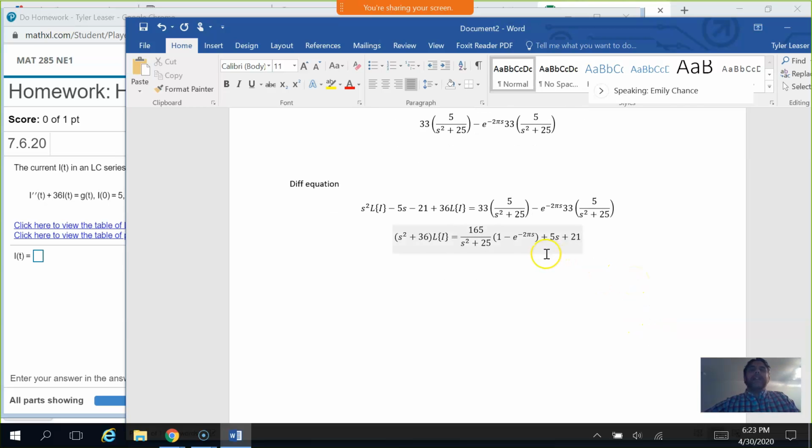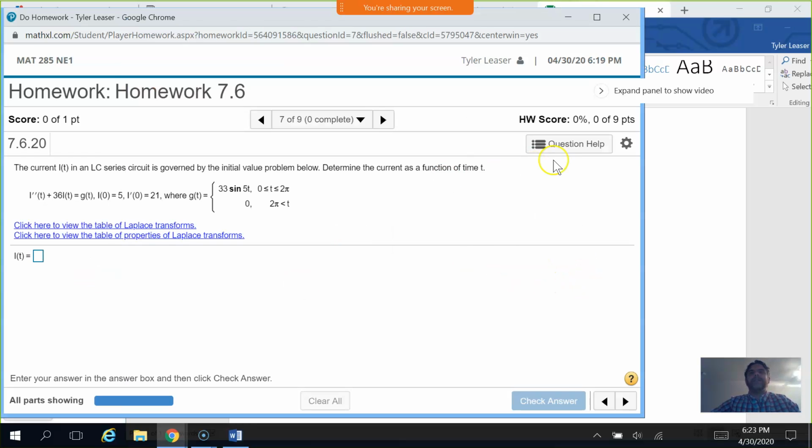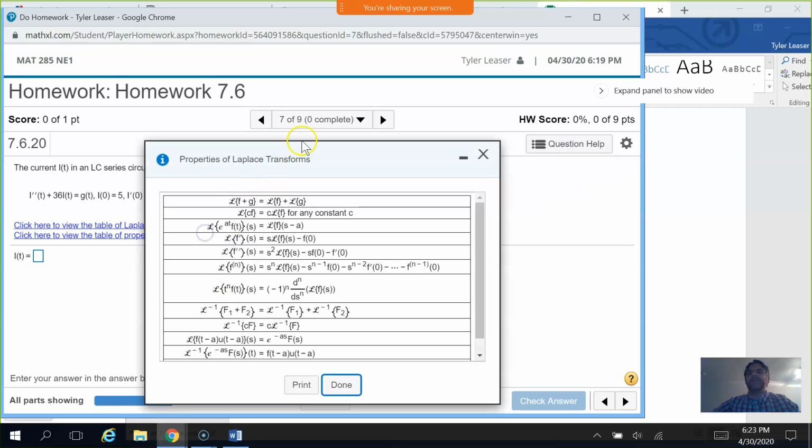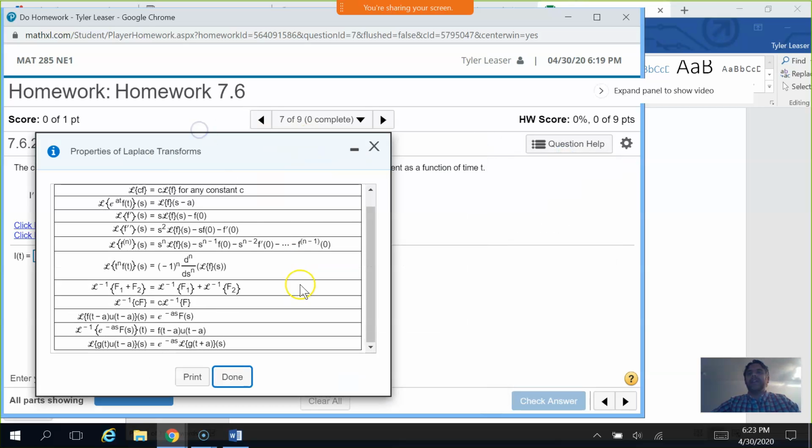Okay, now what we want to do is go ahead and divide this over, and then take the inverse Laplace transform, which looks really ugly. So I'm curious if there's a trick that we can find here in the properties. It looks like the trick's going to be this part right here, because we're still going to have some e to the negative s stuff, which means that when you do the inverse, you're going to end up with some u's, which is okay, like here, this line.